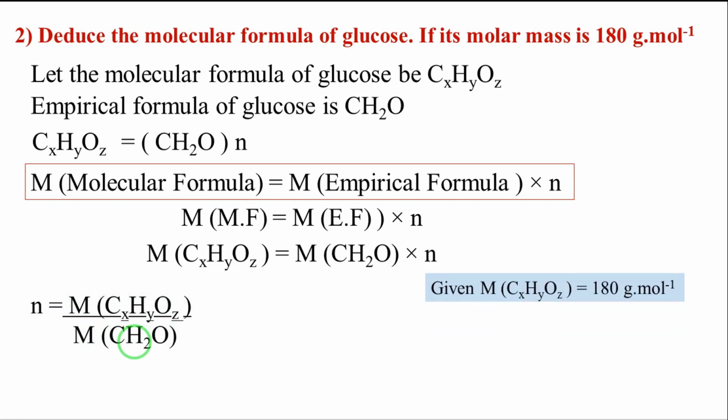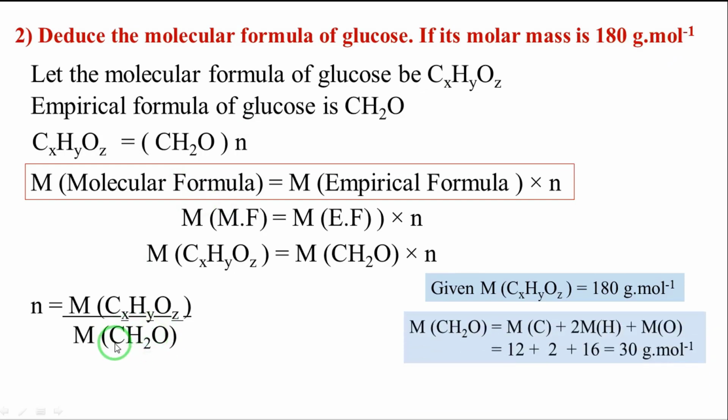The molar mass of the molecular formula CxHyOz is given for you, and it's equal to 180 gram per mole. But the molar mass for the empirical formula is missing, and you can calculate it.